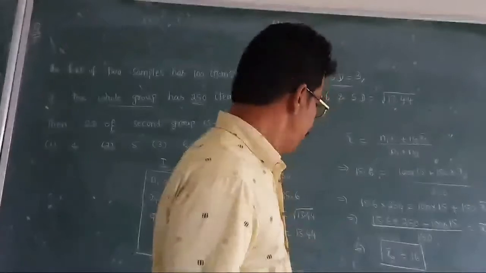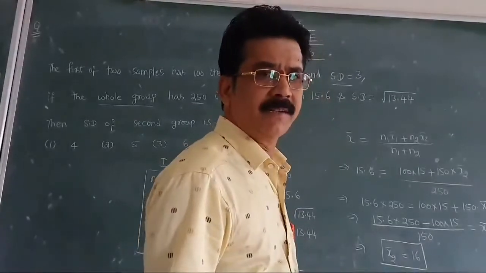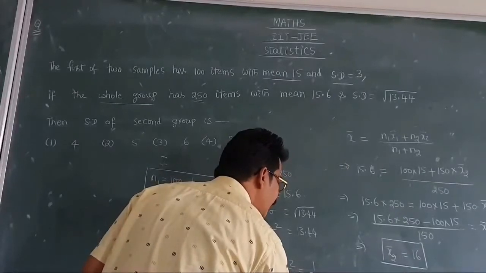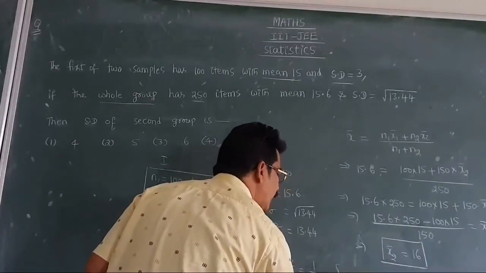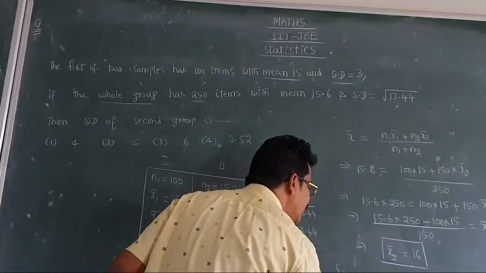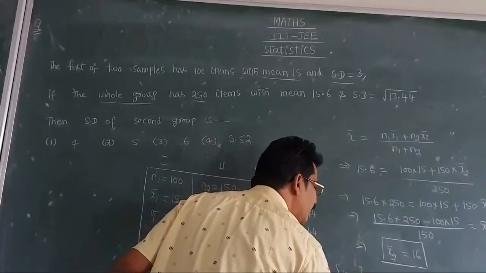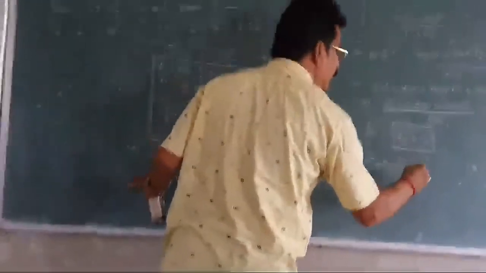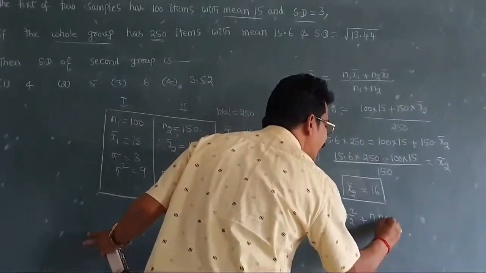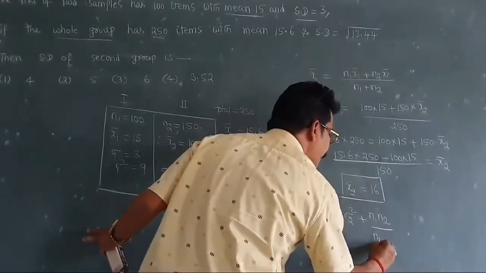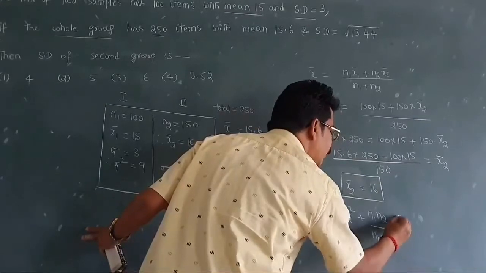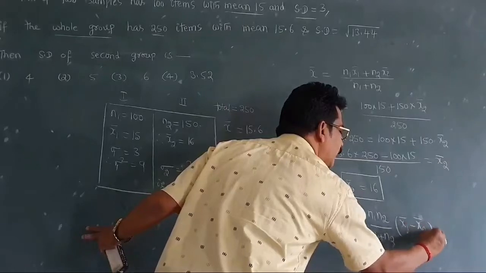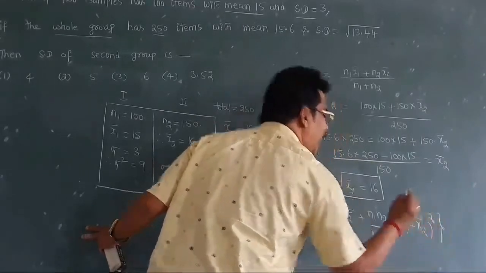Did you remember the combined variance sigma square formula? 1 divided by n1 plus n2 into n1 sigma 1 square plus n2 sigma 2 square plus n1 n2 divided by n1 plus n2 into x1 bar minus x2 bar whole square.